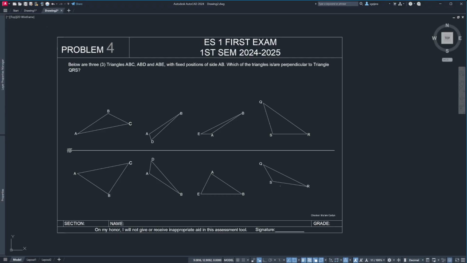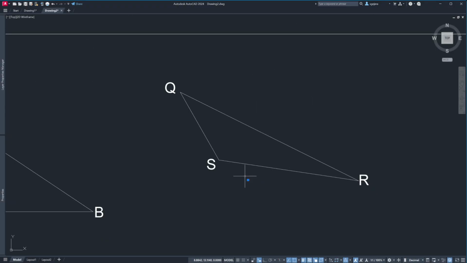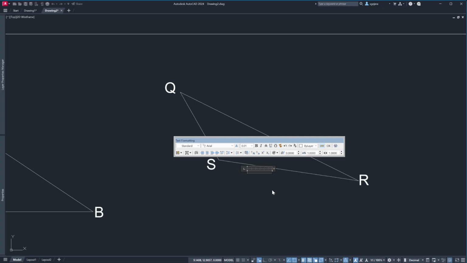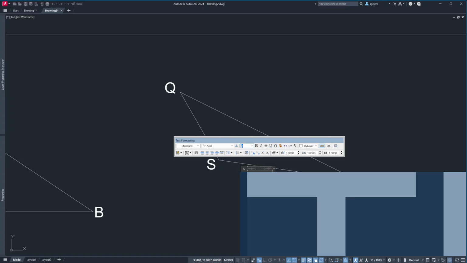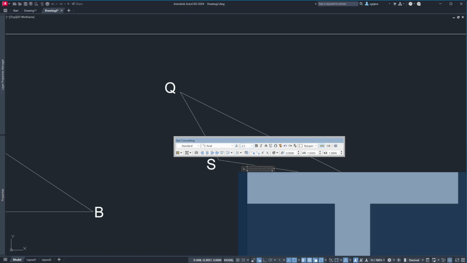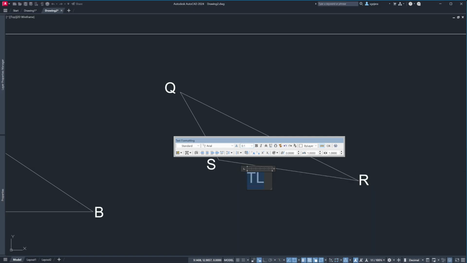Oh, masyado maliit. Let me do that again. True length.